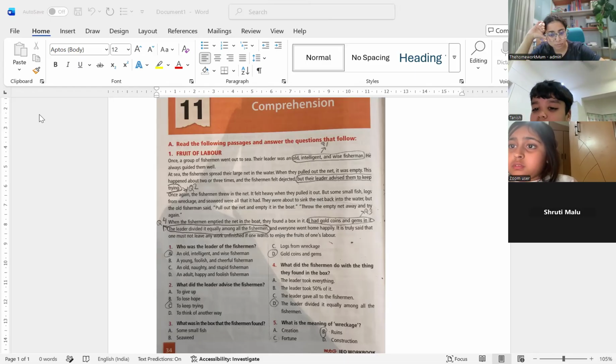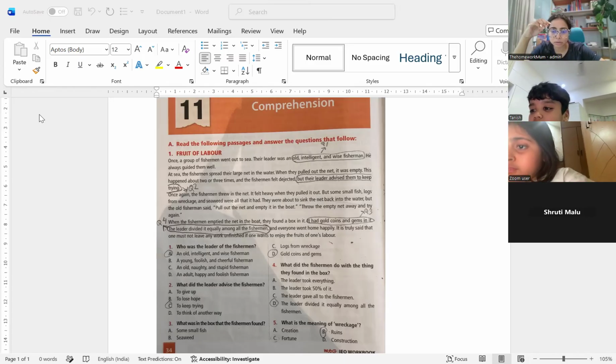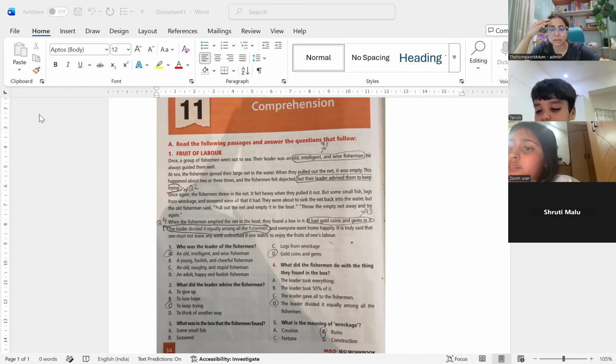What was in the box that the fishermen found? A. Some small fish. B. Seaweed. See, come to the next column. C. Logs from wreckage and D. Gold coins and gems. Okay.